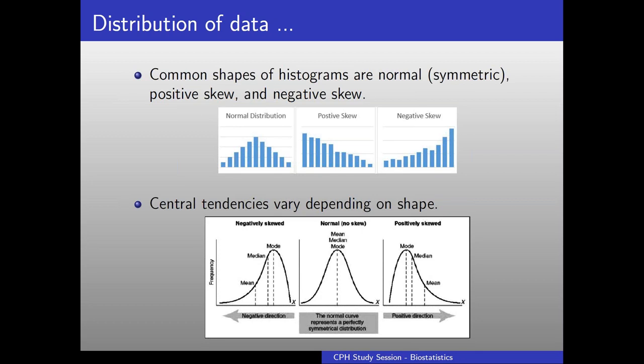So this speaks to which measure of central tendency you should use. The general rule of thumb is that if you have a skewed distribution, the mean is probably not the best measure, because it depends on where the big values and small values are, so it may not give an accurate measure of the center.